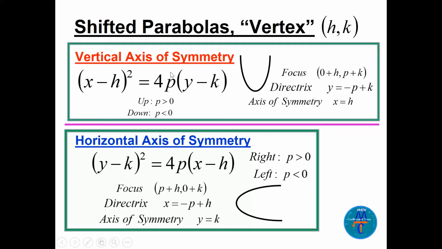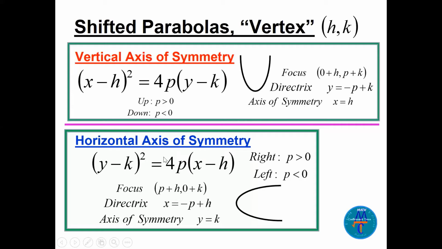Remember, in vertical parabolas, we have squared on the x, and y has power 1. The focus is (h, p plus k). The directrix is the line y equals minus p plus k, and the axis is x equals h.